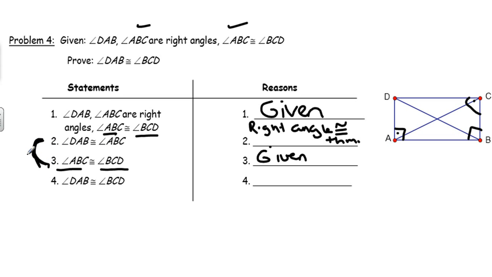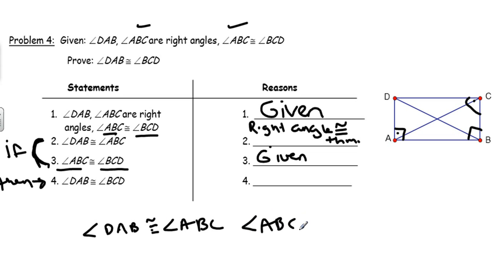I'm going to take these two terms and call them my hypothesis, and I'm going to see how I got to my conclusion. So I'm going to write these two terms linearly: angle DAB congruent to angle ABC, and angle ABC congruent to angle BCD. Do you see what's happening here?